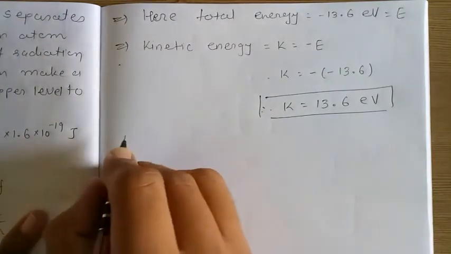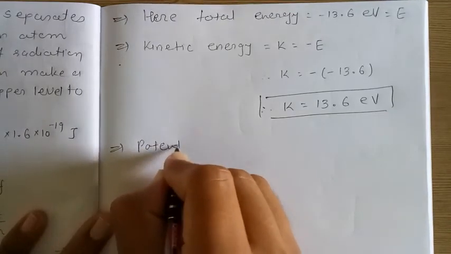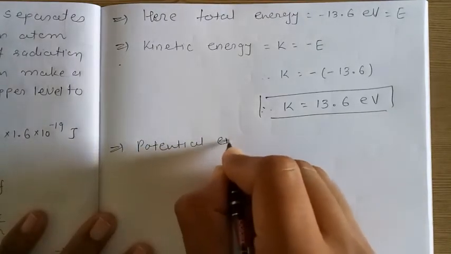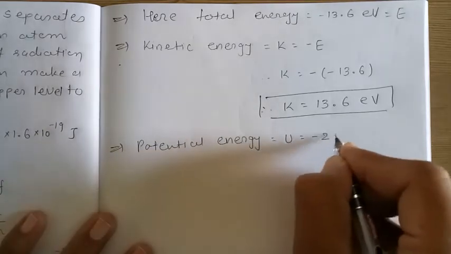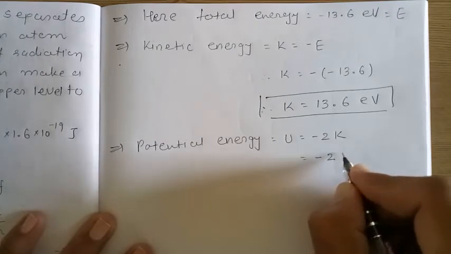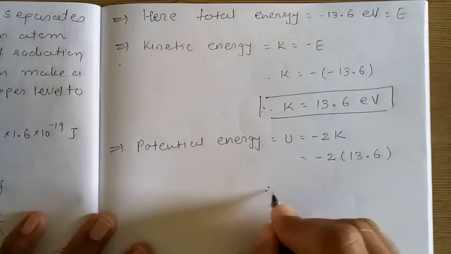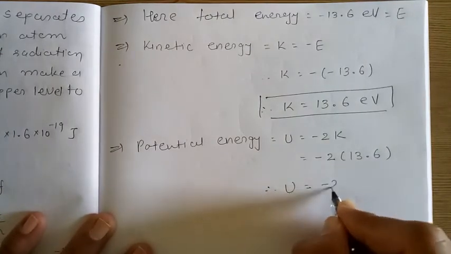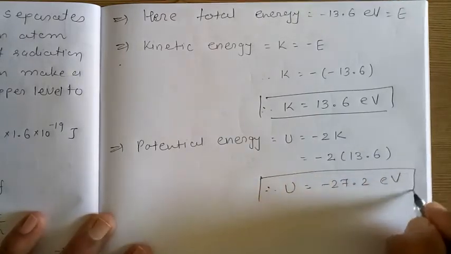Now for potential energy, U is equal to minus 2K. So minus 2, value of kinetic energy is 13.6. So the potential energy is minus 27.2 electron volt.